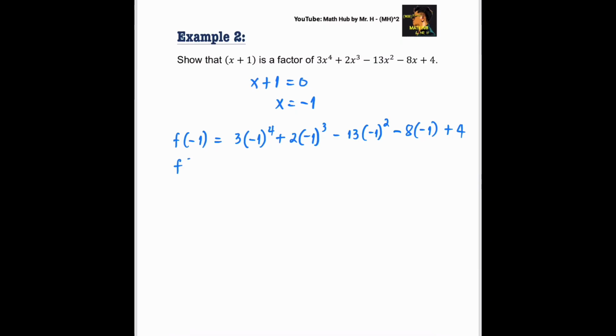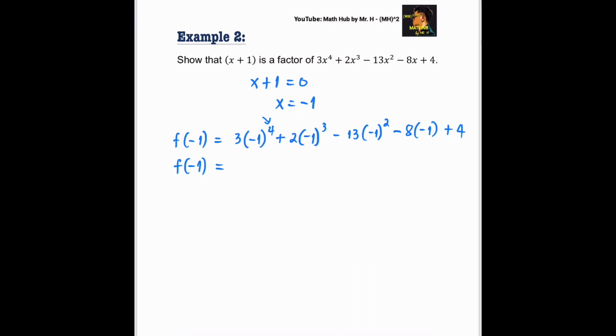And we simplify the right hand side. So make sure again the substitution is right. So 3 times negative 1 to the power of 4. Basically, you just need to look at the exponent. If the exponent is an even number, definitely the answer will be positive.